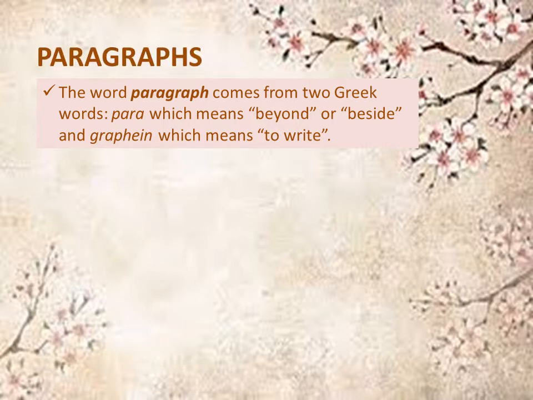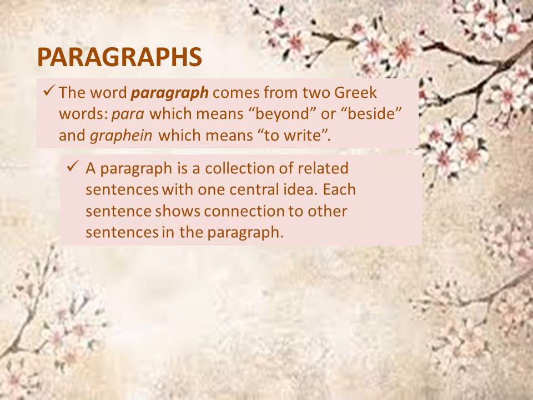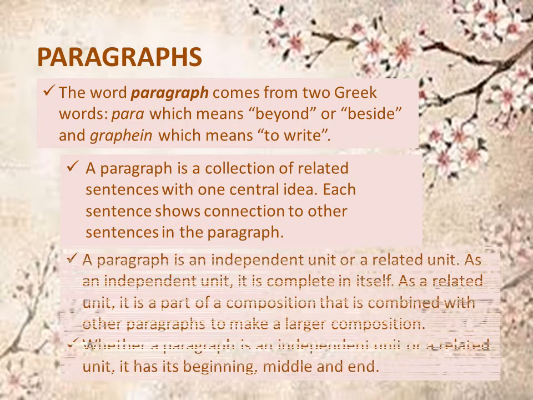What is a paragraph? The word paragraph comes from two Greek words, para, which means beyond or beside, and graphein, which means to write. A paragraph is a collection of related sentences on one central idea. Each sentence shows connection to the other sentences in the paragraph.